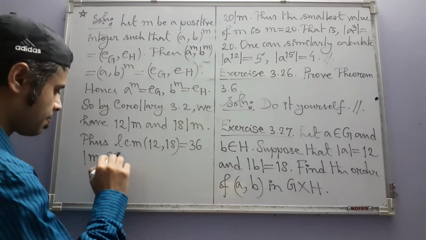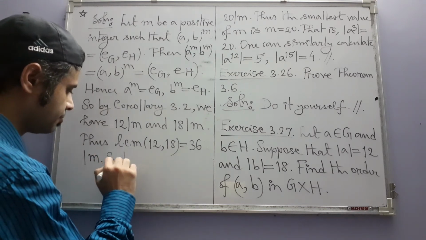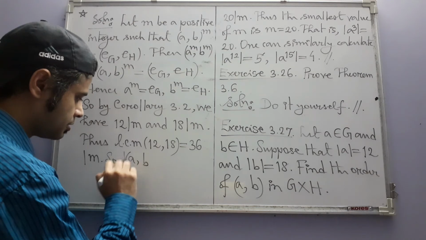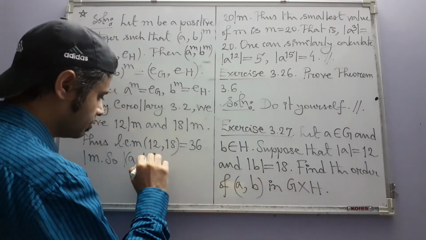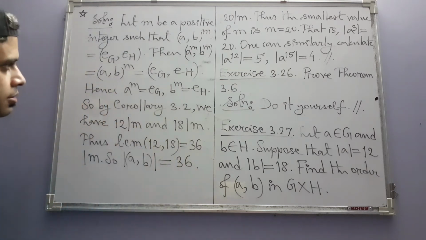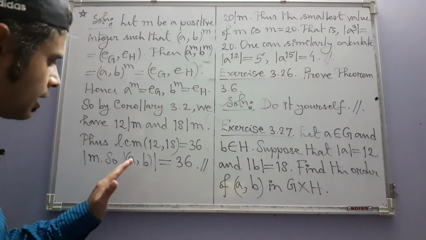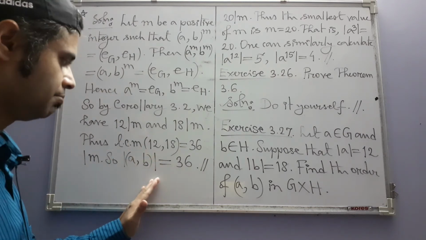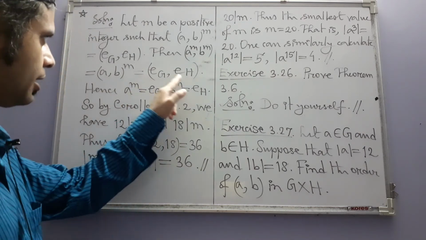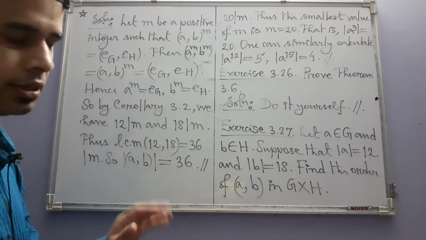So, that is why we can directly write the order of this ordered pair in the product group is 36. So the 36th power of (A, B) is the identity element here, and no smaller power equals the identity element.